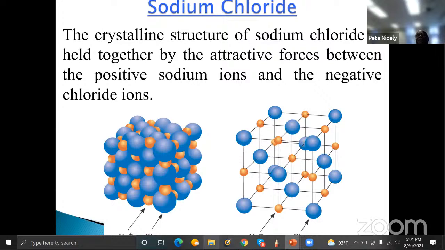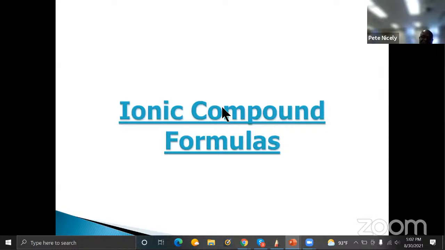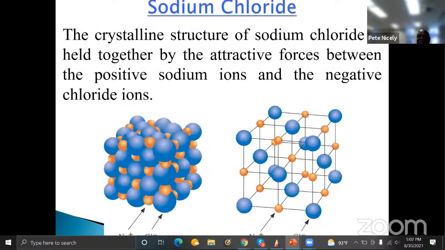In fact, you can identify what is called a repeat unit, in other words, a unit that repeats itself over and over again throughout the structure. That's all I'm going to say about this. If you do general chemistry 1, we're going to get into this in more detail.